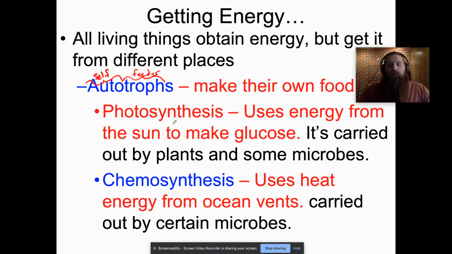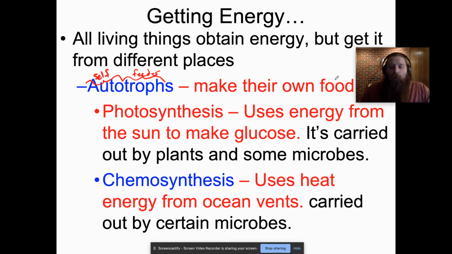When we talk about photosynthesis, we're talking about using energy from the sun in order to make glucose, and then the plant breaks that glucose down to make ATP, just like we're going to talk about in cell respiration, or at least very similarly. There's also something called chemosynthesis, and chemosynthesis is kind of a subset. It's why I say there's 3, not just 2. Chemosynthesis is pretty cool. It's where you take energy from your surroundings, either in the form of heat or in the form of some chemicals, and you use that to drive your own cellular reactions forward.